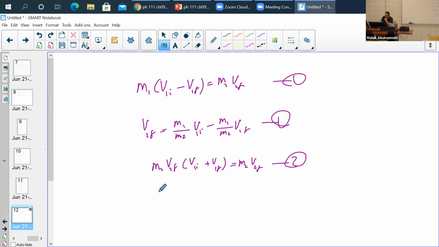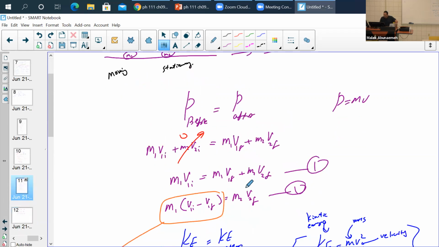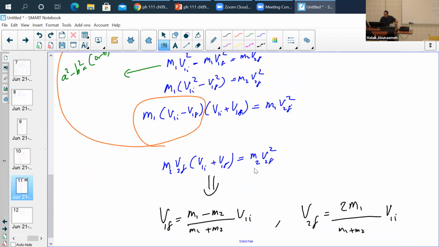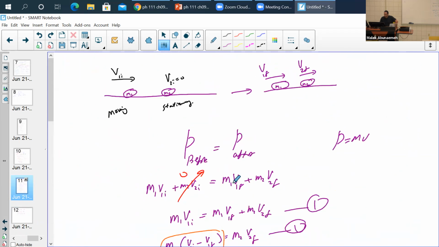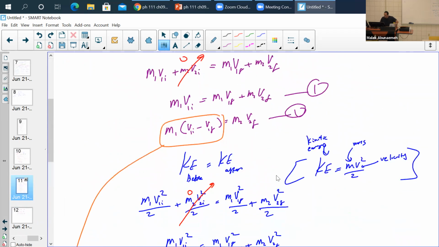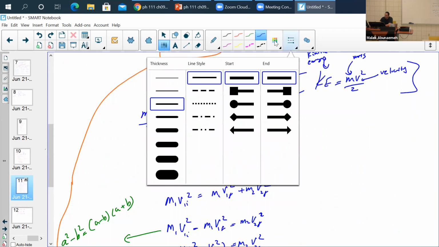Again, substituting these two in, right? Make sure of the equation. I actually forgot to label the equation. That's where we got lost.